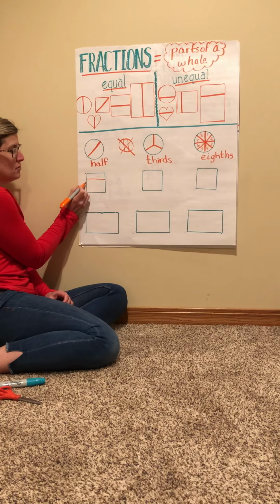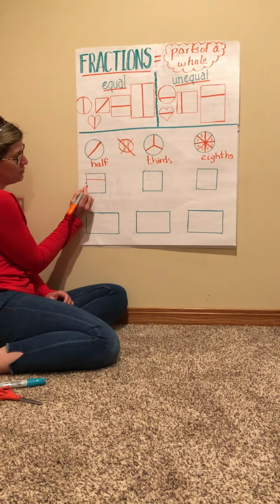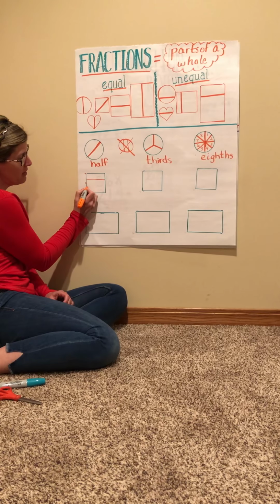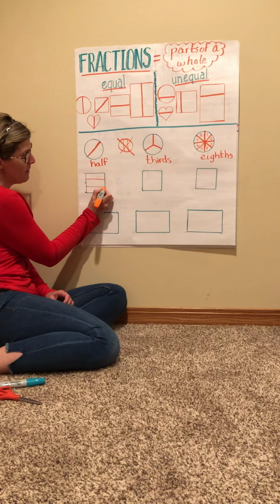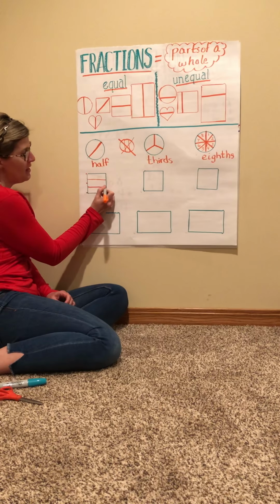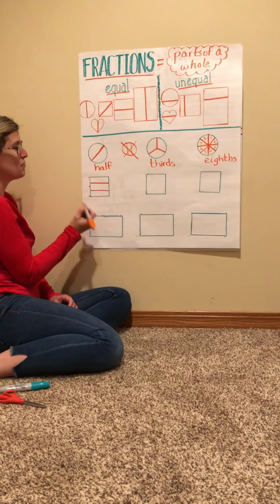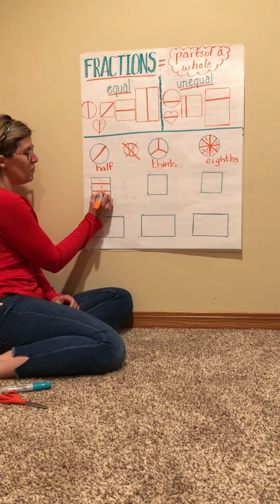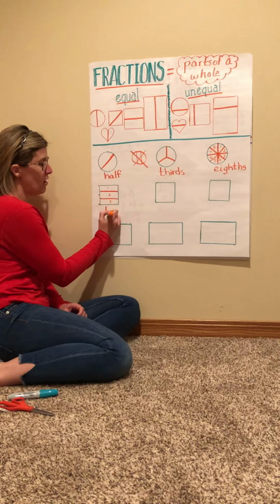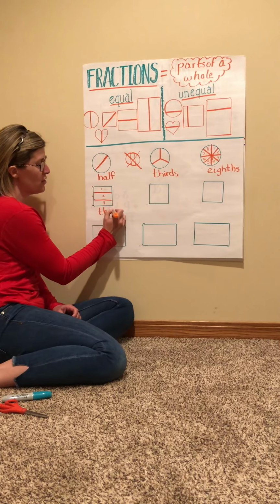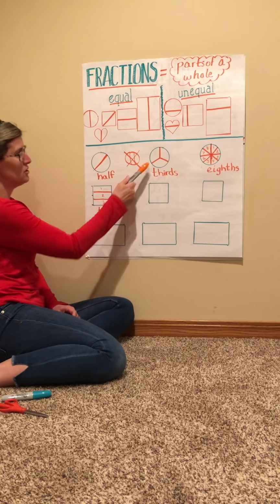Find the middle between these two, which would probably be right about here. And then we have 3 equal pieces to that fraction. So this is called thirds, just like that is.